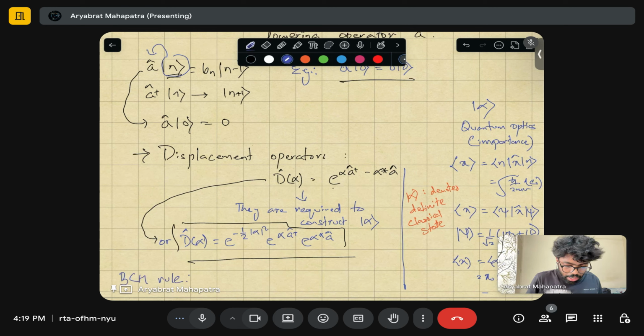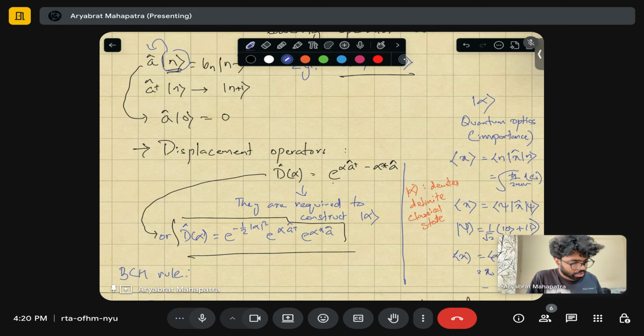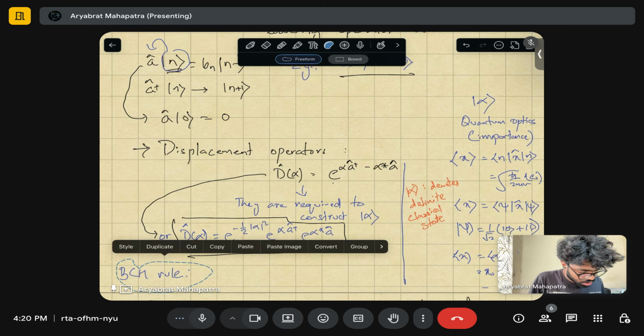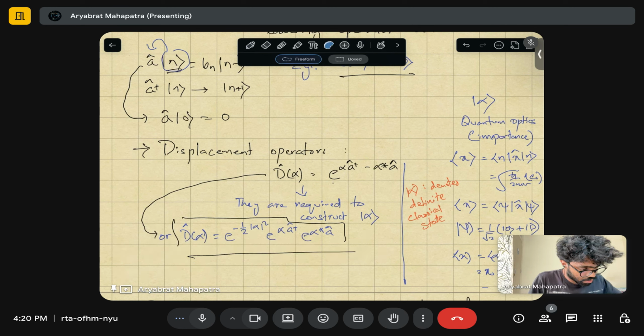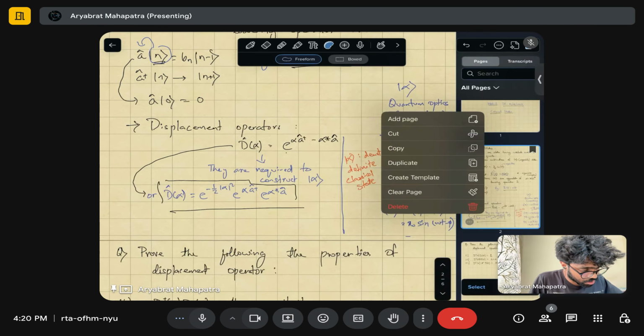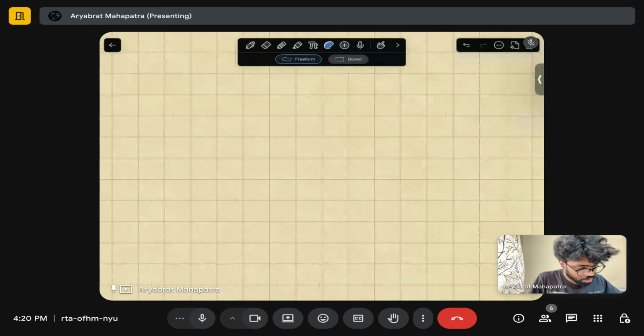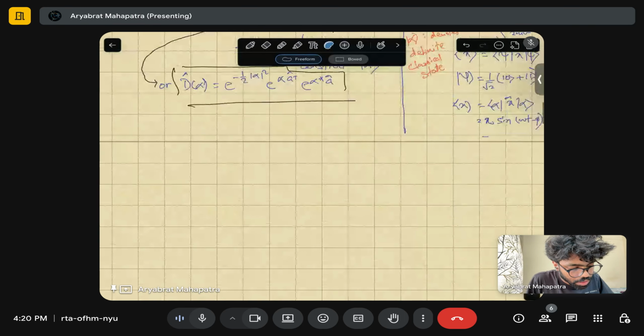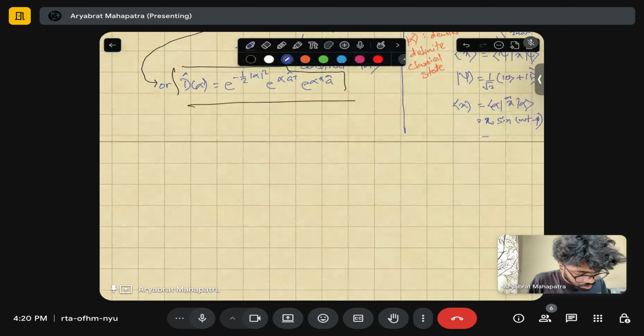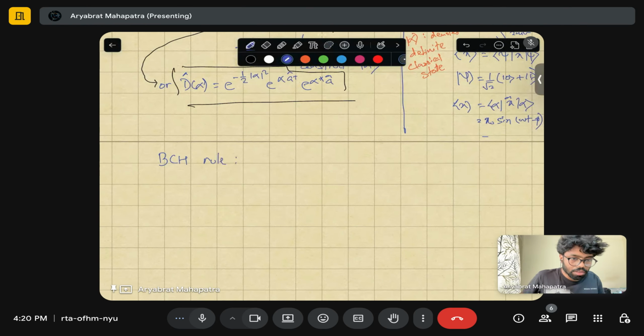So in the BCH rule, for any operators, maybe I can explain this a bit here, using the BCH rule.